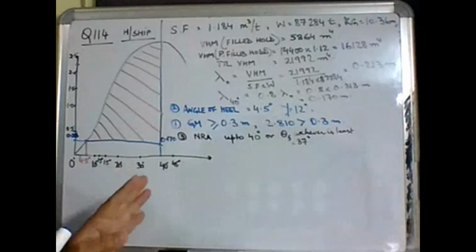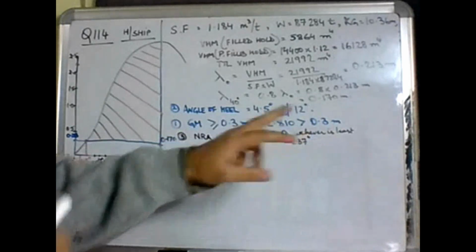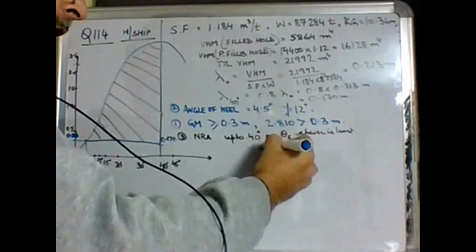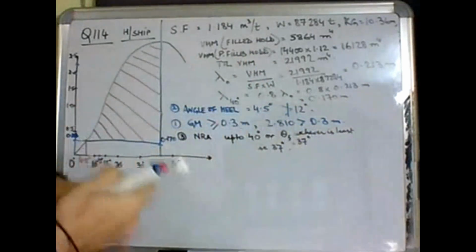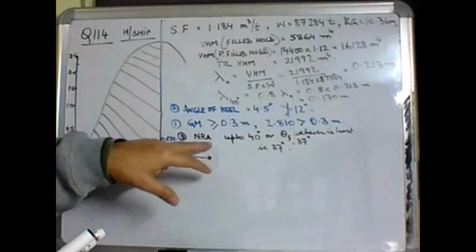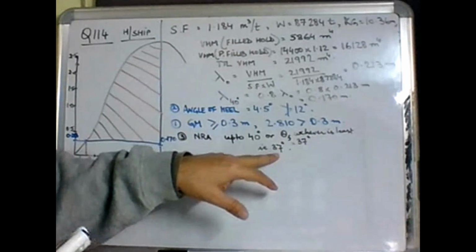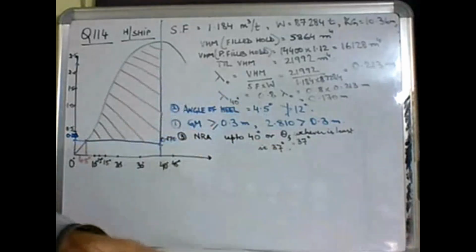Yes, okay. So in this case, 40 or 37 whichever is least, that means that is 37 degrees. So the requirement is the net residual area up to 37 degrees should be not less than 0.075 meter radian.